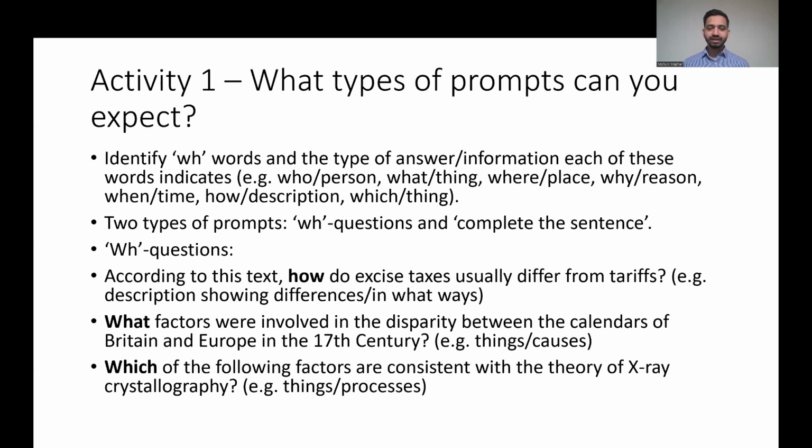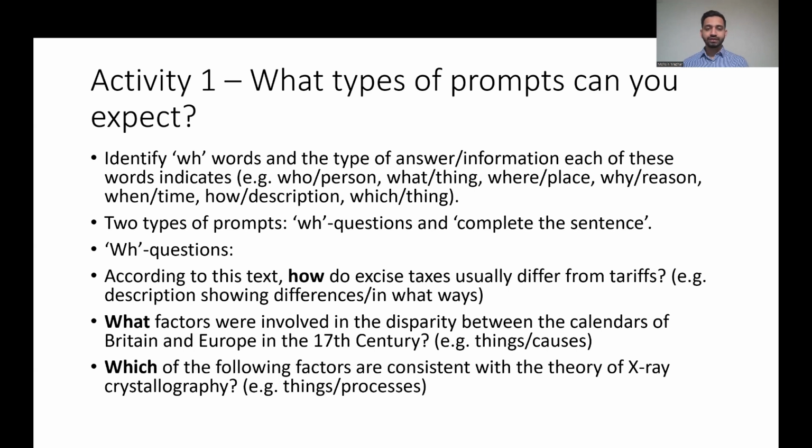I'm going to show you what types of prompts you can expect in your questions. You can get question prompts such as what, where, and we're going to talk about them in detail here. You can get a question asking who did something. Who means you're looking for a person.